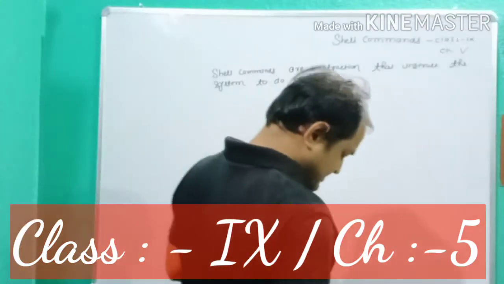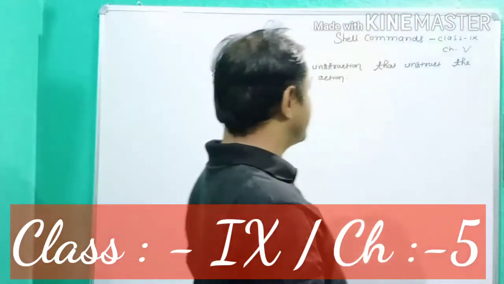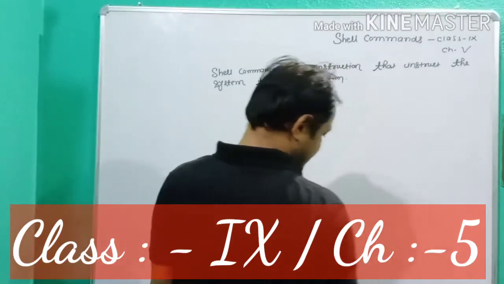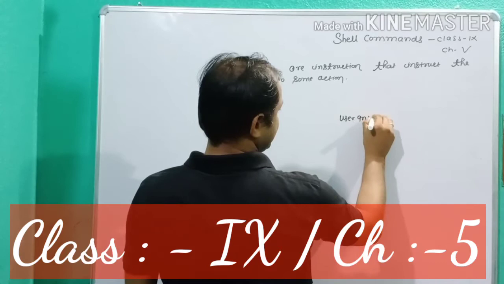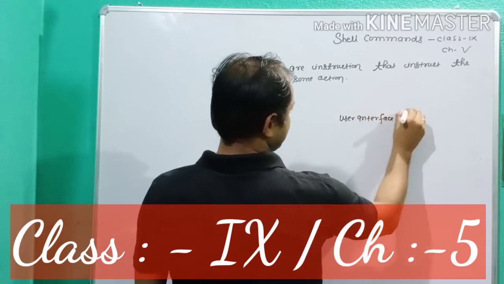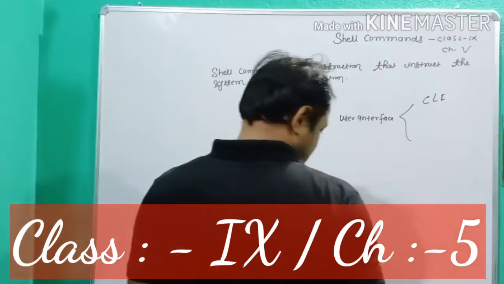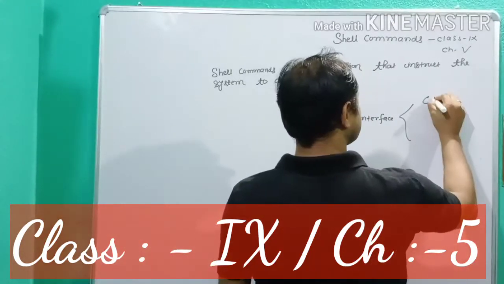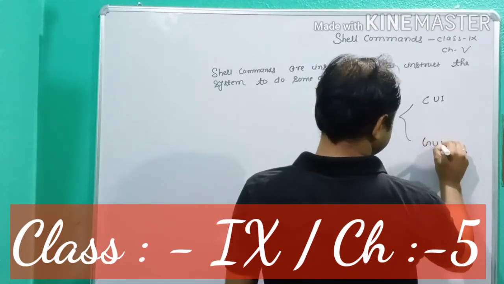My dear student, the shell command is mainly related to the user interface. There are two types of user interface. First, CUI, and the CLI, this is the same name, and the second, GUI.